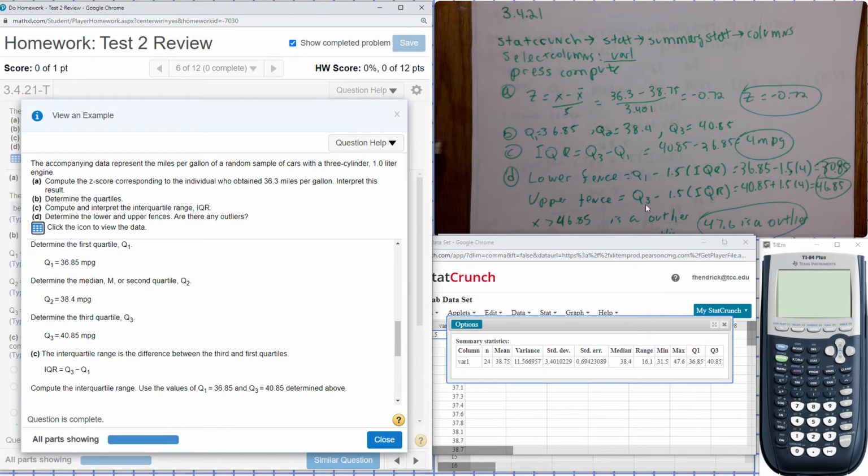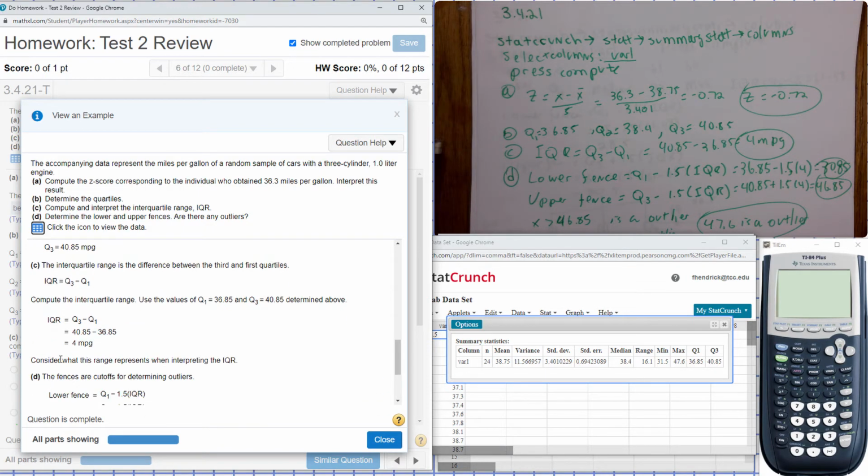So we have 40.85 minus 36.85. So the interquartile range is where you're going to find where most of the data, 50% of the data, is going to be. That's the range for the data. You'll find 50% of the data is going to lie within that.